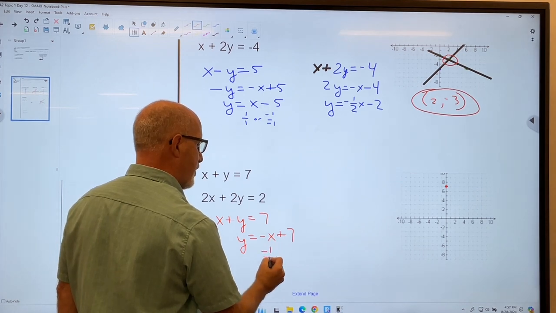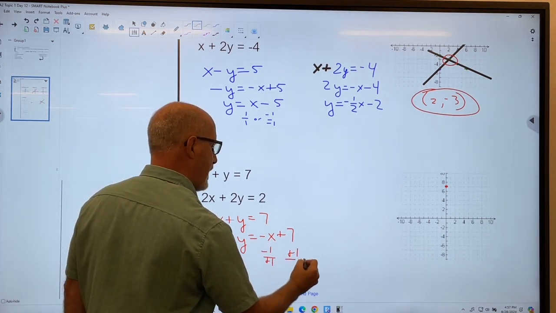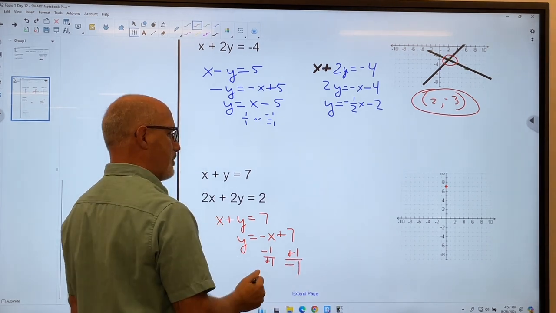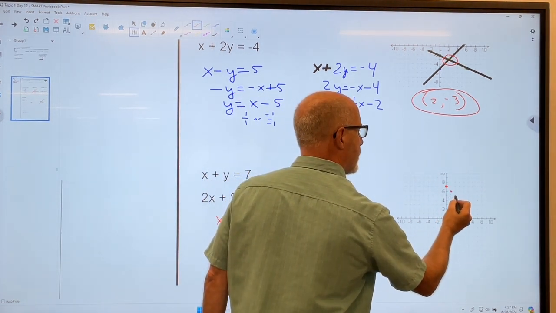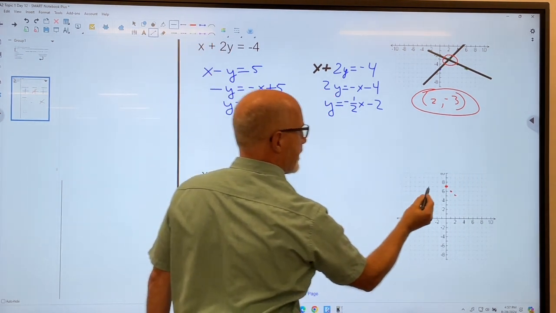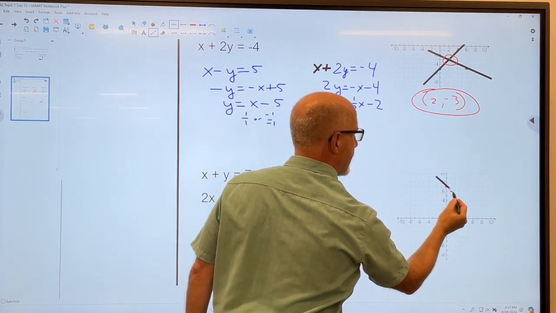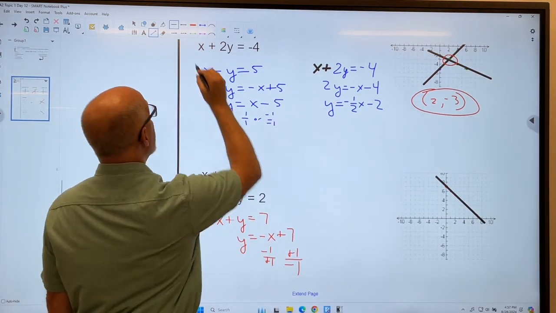That's either -1 over +1 or +1 over -1. Those are my two choices. So if I go down 1 over 1, down 1 over 1, and then draw my line, looks like that.